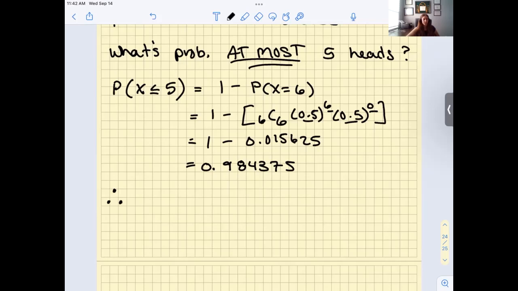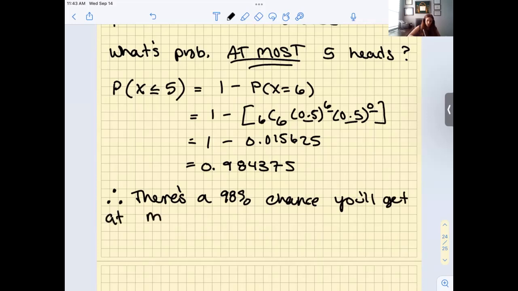Therefore, a number is useless unless you know what it means. What does it mean? 98% chance that you will get at most 5 heads. Exactly. So there's a 98% chance you will get at most 5 heads. And what we mean by that is either 0, 1, 2, 3, 4, or 5.